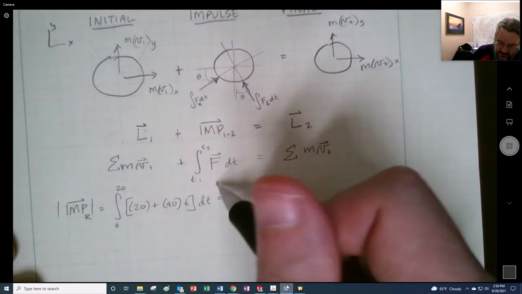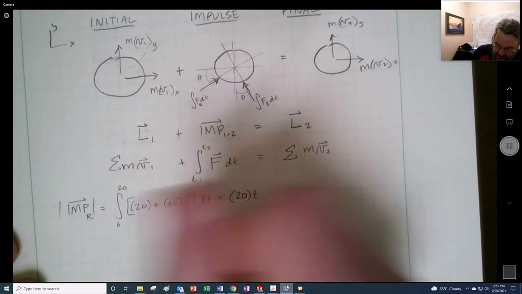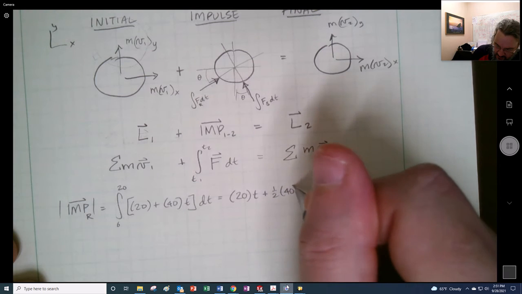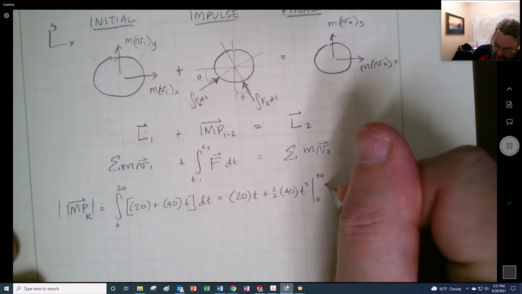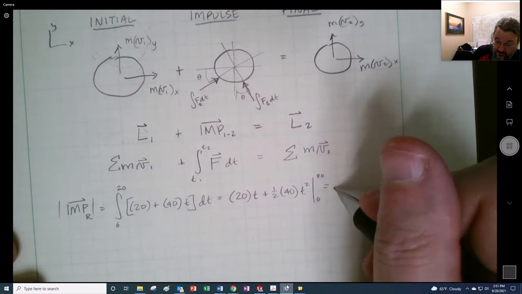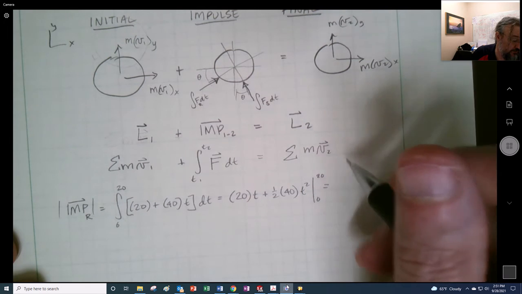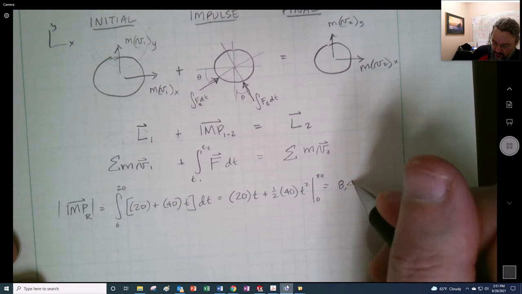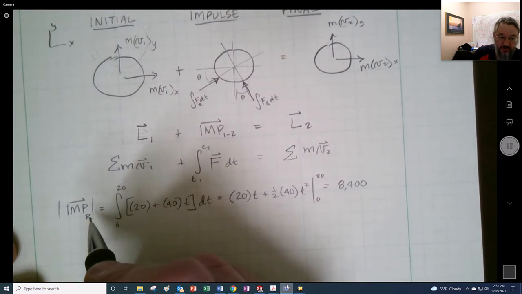There's no reason to get this in any other terms. So we got 20t plus 1/2 40t squared from 0 to 20. If I plug 20 seconds in there, and of course the 0 is just going to go away, I'm going to get 8,400. All right, so here's the magnitude of the impulse right here.